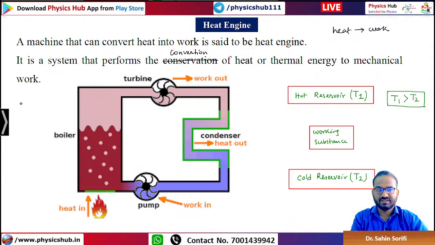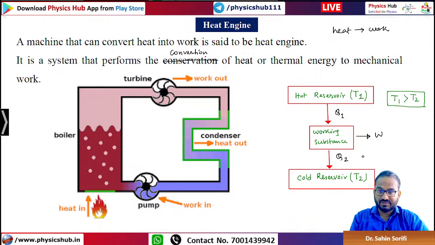So, heat will be taken from the hot reservoir and it will be given off to the cold reservoir. Let's say the heat taken from the hot reservoir is Q1 and the heat given to the cold reservoir is Q2, obviously Q1 and Q2 are not the same. In between, it is also performing some work.